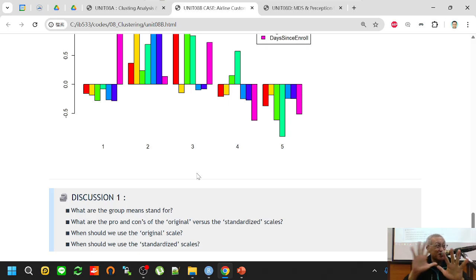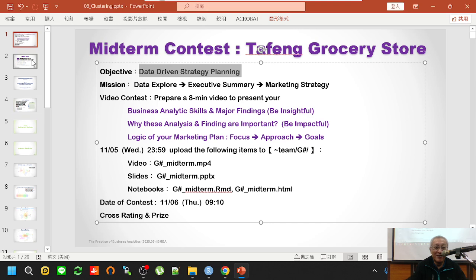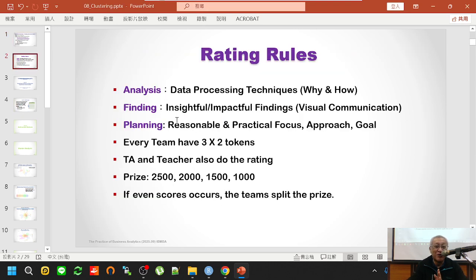So if you can do the exploration well, present your findings clearly like this, and design your strategy better, then you will have a higher score, okay?